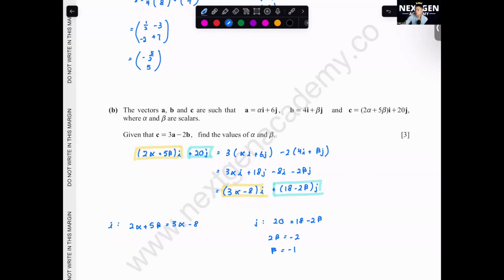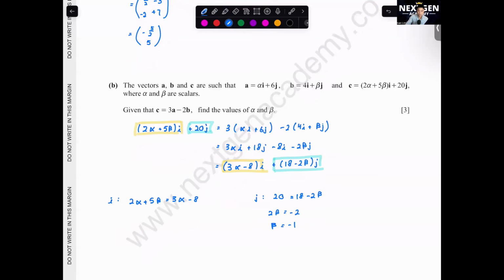Okay, we've got this ready. Let's substitute beta equals negative 1 into here. Let's maybe simplify this first: 2 alpha minus 3 alpha equals minus 5 beta minus 8.